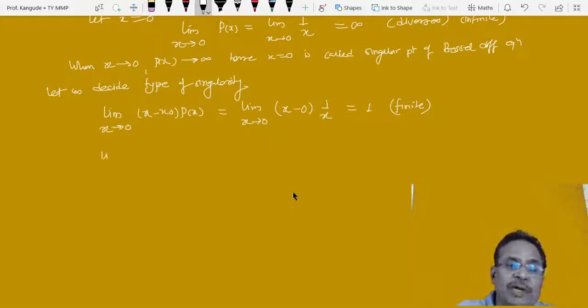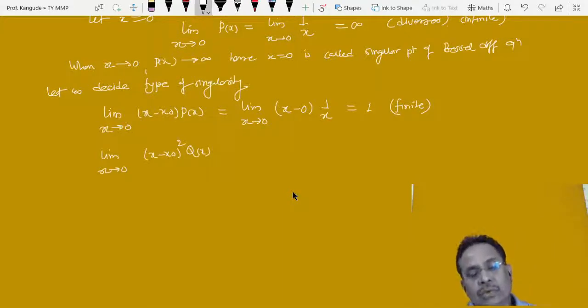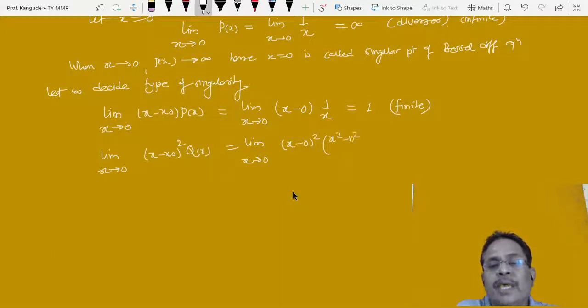So p of x multiplied by x minus x0 in the limit x tends to 0 becomes finite. And the second quantity we have to obtain is limit x tends to 0 of x minus x0 whole square into q of x. If it is obtained, this will give limit x tends to 0 of x minus 0 square into x square minus n square upon x square.